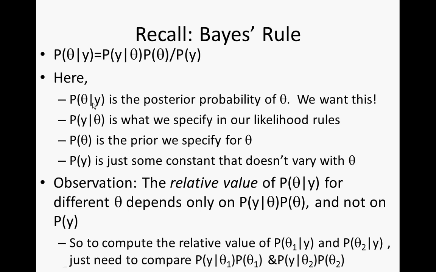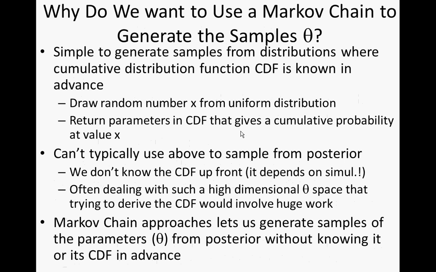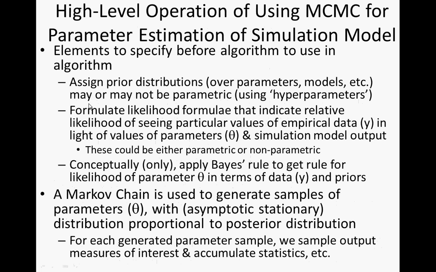P of y given theta is what we bring to the table in terms of our likelihood rules. I mentioned it here, this likelihood formula. We have likelihood formulae that indicate the relative likelihood of seeing particular values of empirical data, such as particular counts of emergency room intakes for H1N1, in light of particular values for theta, for the parameters in the corresponding model output.